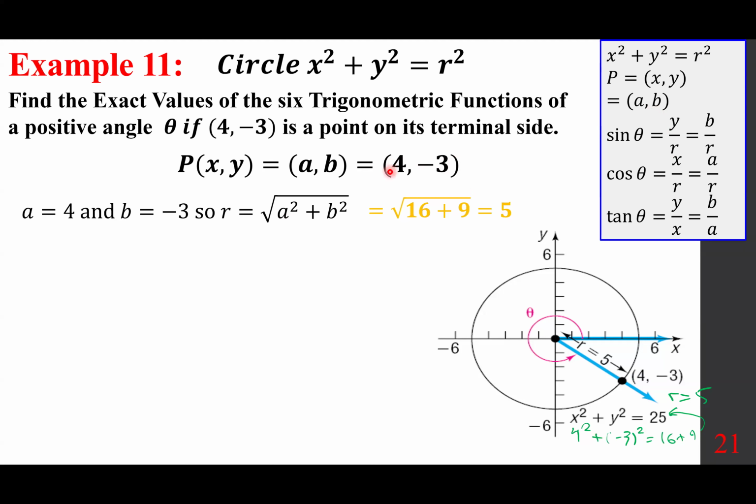Cosine is the x coordinate over r. So sine is b over r, negative 3 over 5. Cosine is a over r, 4 over 5. And tangent is b over a. So basically negative 3 over 4.